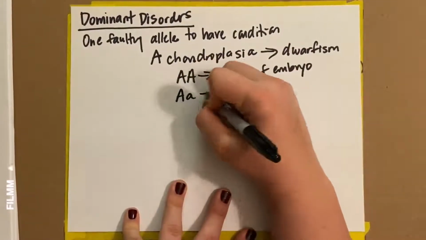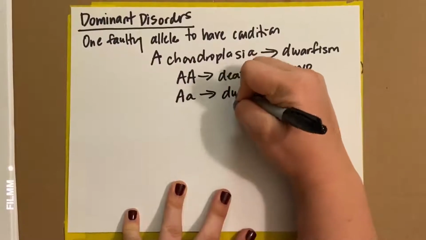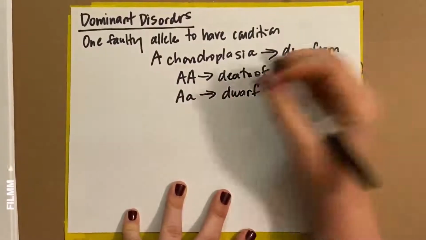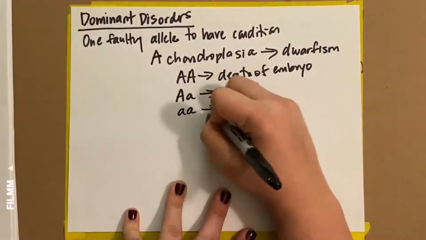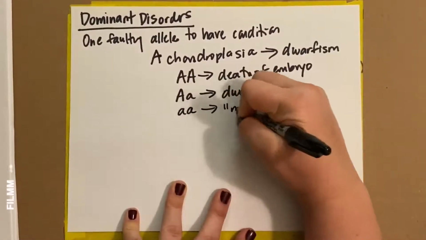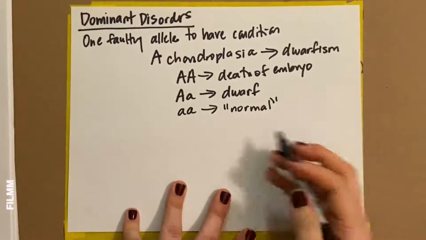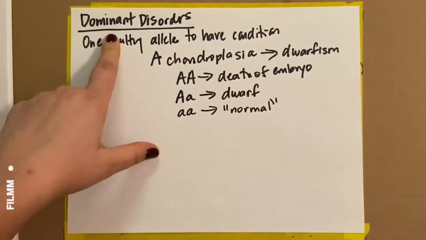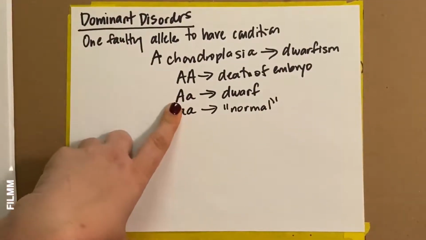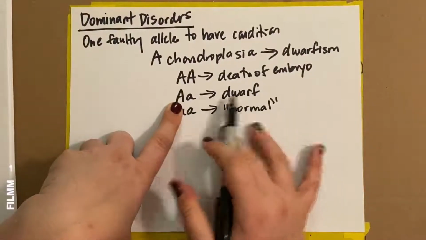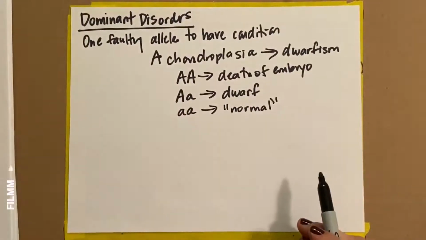A big A, little a will have dwarfism. And then little a would be the normal, quote unquote, stature. Okay, so this is what happens when you have a dominant disorder, because you just need one copy of the allele that's giving the dwarfism for it to show up.